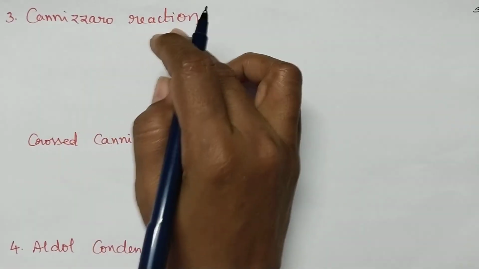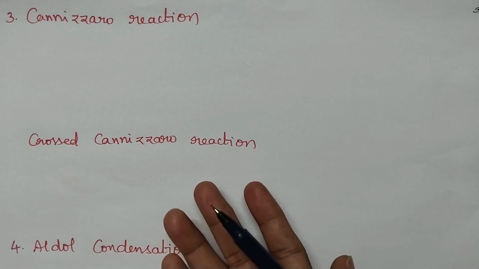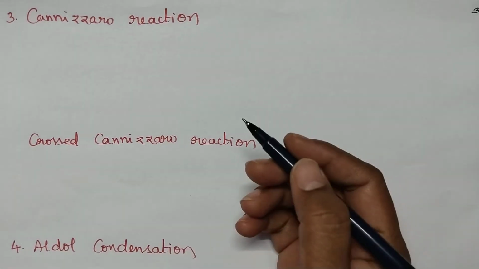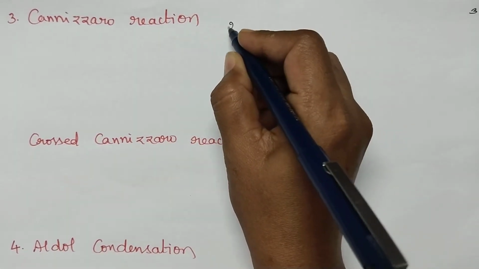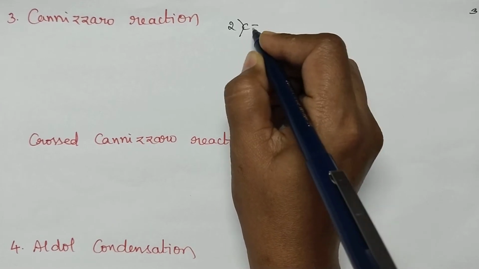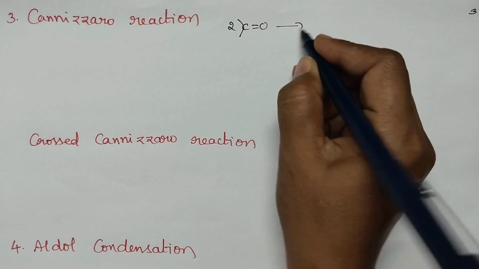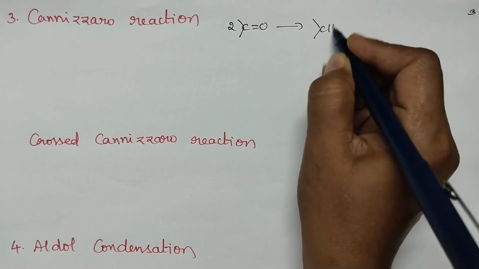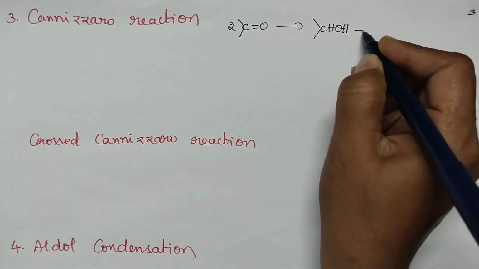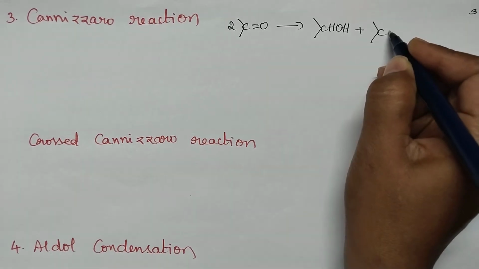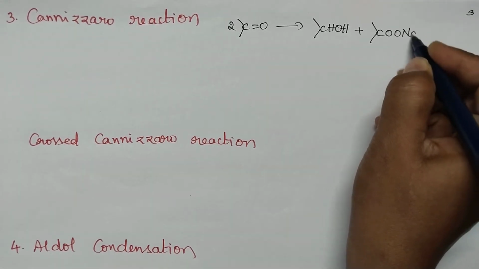So the importance of Cannizzaro reaction is, here two aldehydes will be taken, or two carbonyl molecules will be taken. Then what happens? One undergoes reduction and the other one undergoes oxidation.